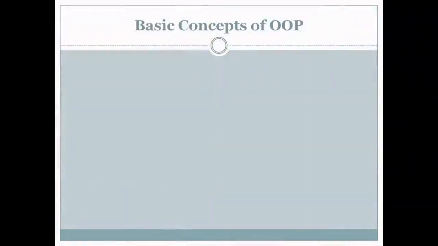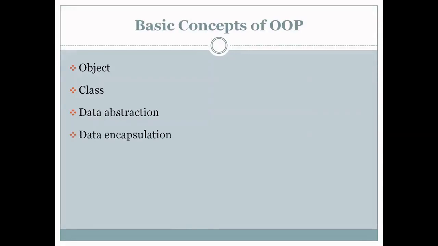All the object-oriented programming languages should follow these basic concepts of object-oriented programming. So the concepts of object-oriented programming are object, class, data abstraction, data encapsulation, inheritance, polymorphism.